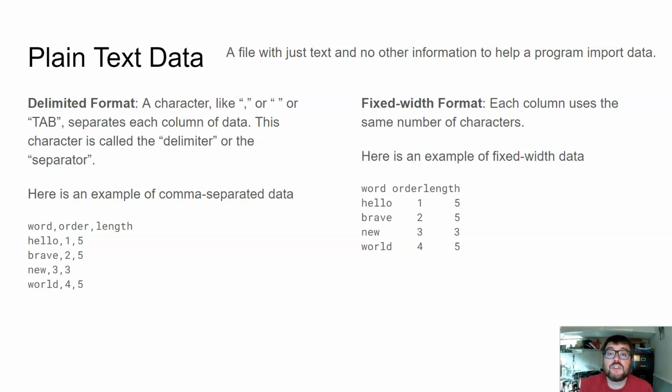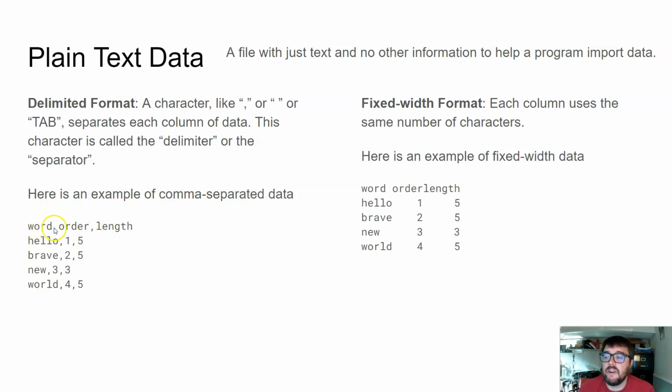So there are two kinds of plain text data that you often encounter. One is delimited plain text, in which case each column is separated by some kind of specially used character, which is usually either a comma or some kind of white space, like a tab or a space itself. An example of plain text data is down here. This would be the entire contents of the file.